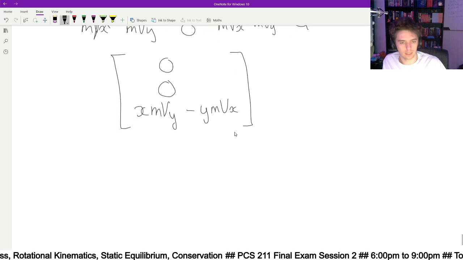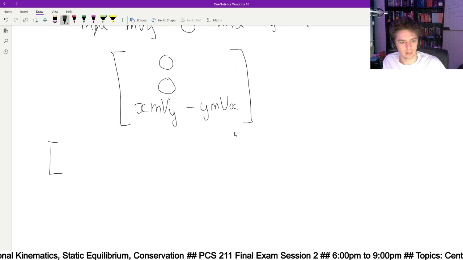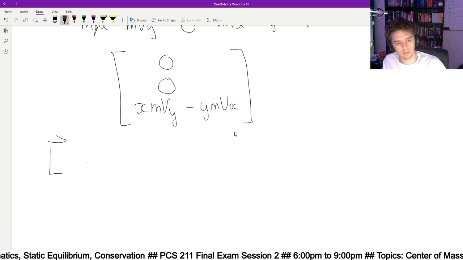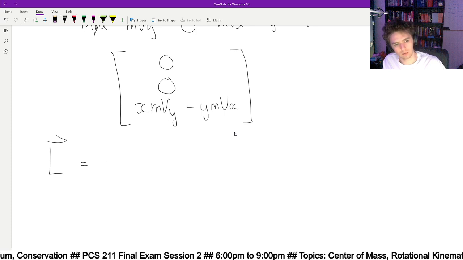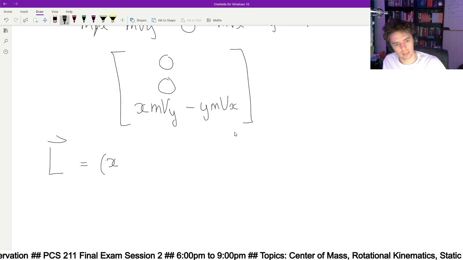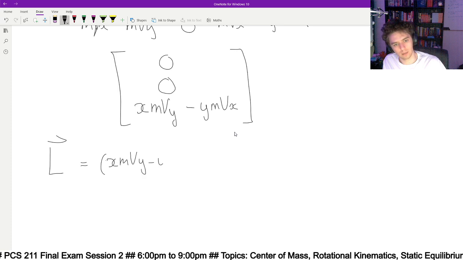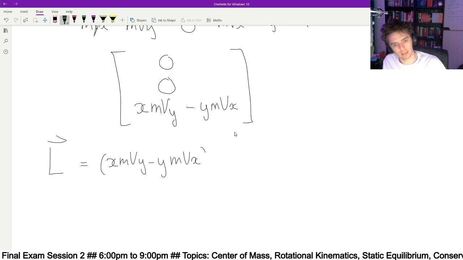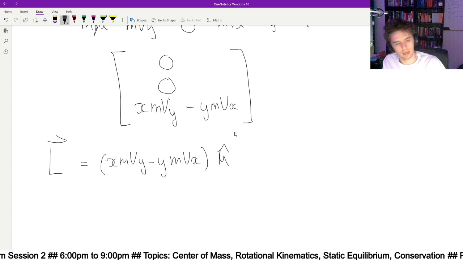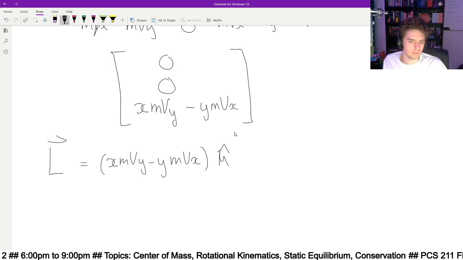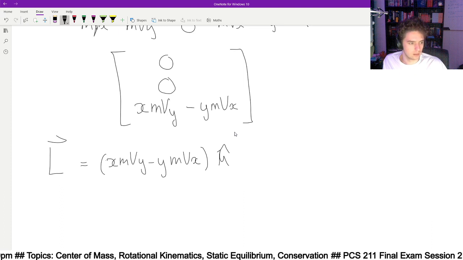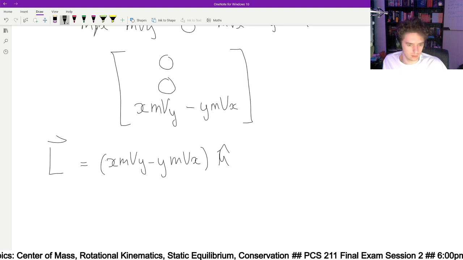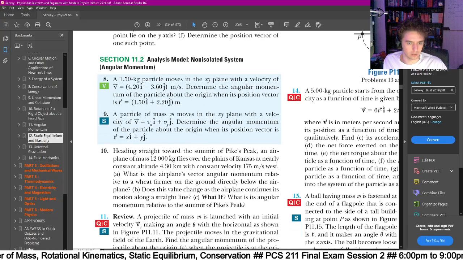So the final answer is that the angular momentum of a particle like that is going to be x m vy minus y m vx, k hat. So just the general case.